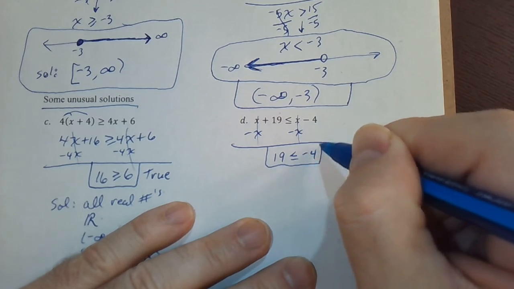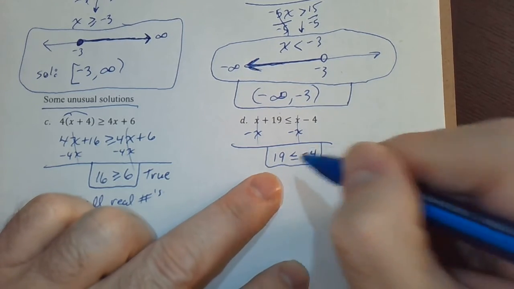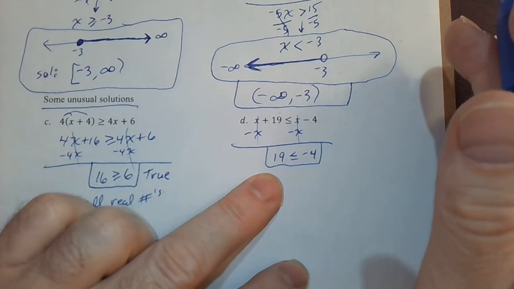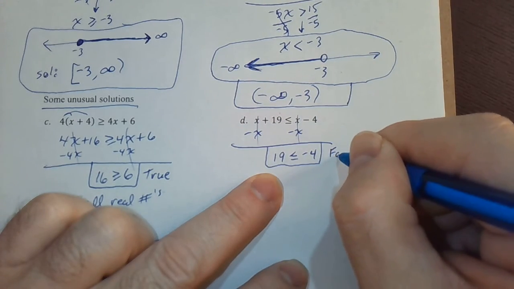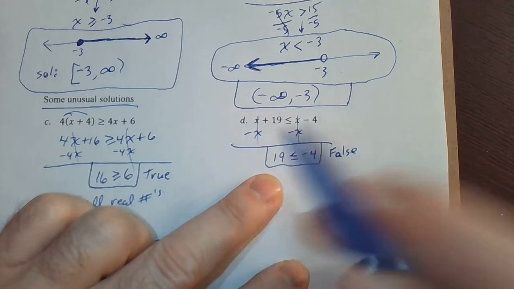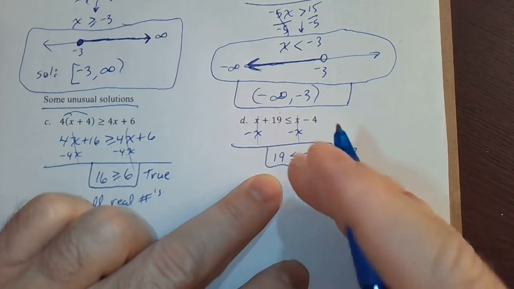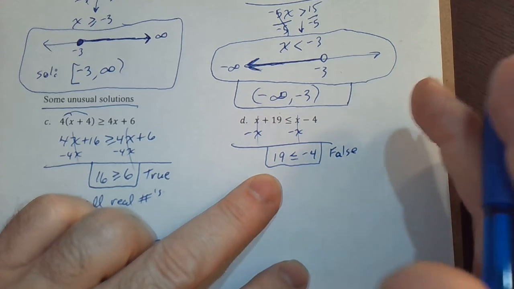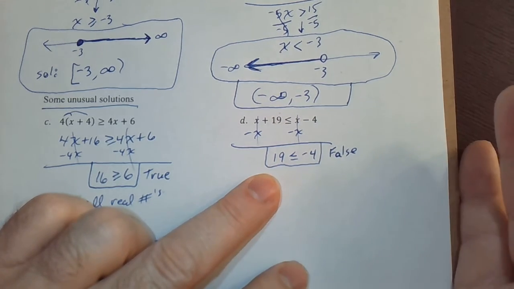First question, is this true or false? That is false, period. I'll write it down. That means that it doesn't matter what value of x you plug into the original inequality, it's not going to be a solution, part of the solution set.